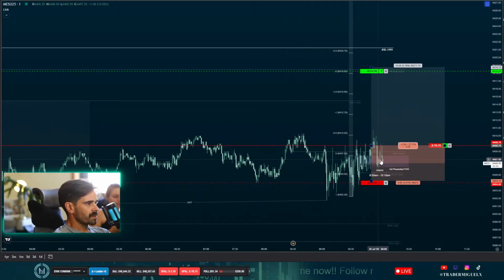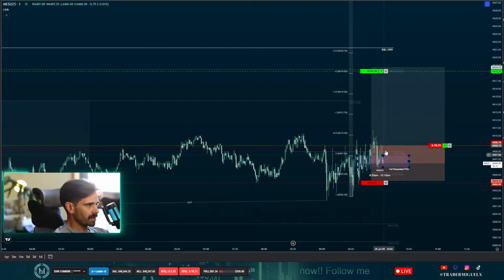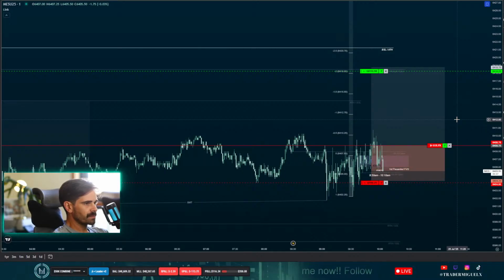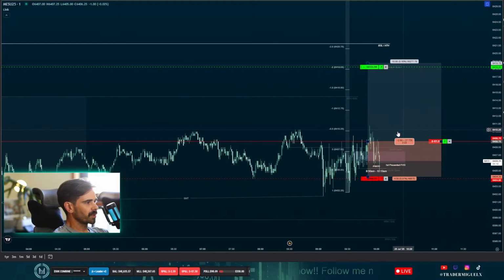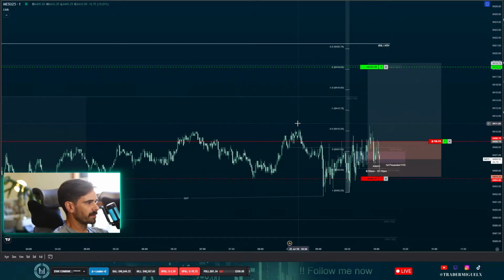Yeah, price was not able to close effectively above 8:30. Now moving once again south. Yeah, it seems that it will stop me out here. Trying to play below the first presented fair value gap, taking some more sell side liquidity.